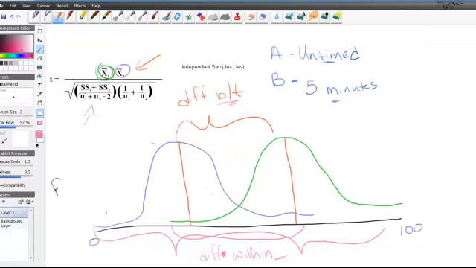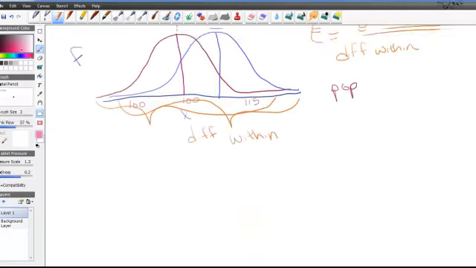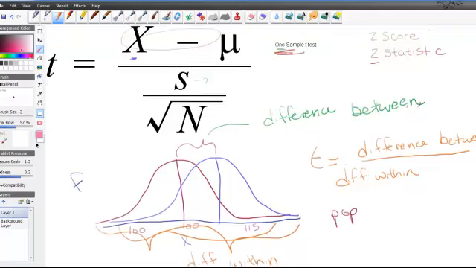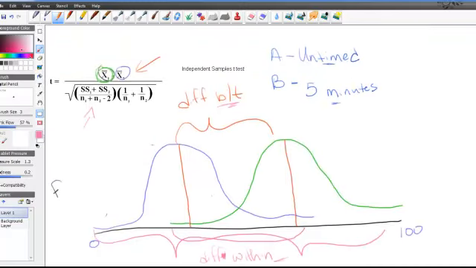Here we're dealing with sum of squares and controlling for sample size, those kinds of things. Up top we're doing the same kind of thing, but it's a little bit simpler because we're only dealing with one sample. So these are the two t-tests from this chapter. With a one sample t-test, you're looking at a sample versus a population parameter. With an independent samples t-test, you're looking at the difference between two samples.